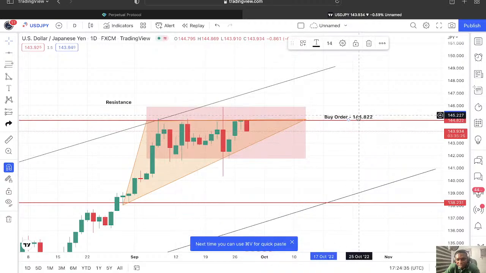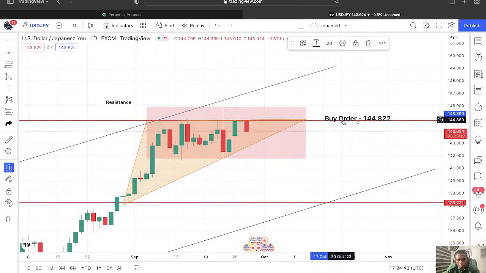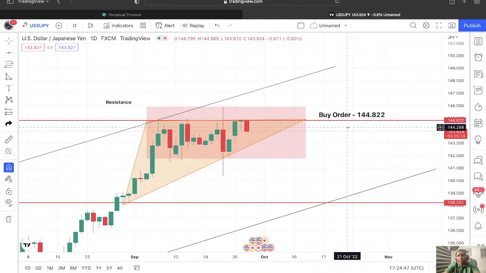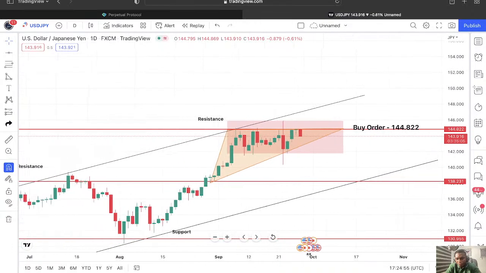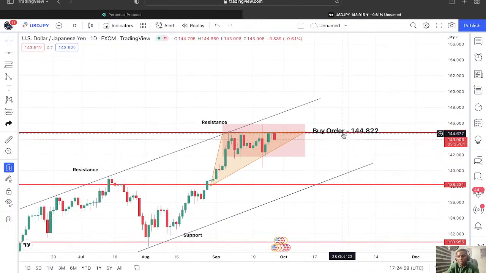Good. So I'm setting my buy order here. Let me make it conspicuous. I'm setting my buy order here. That is on the daily time frame. My buy order would be above the current market price.